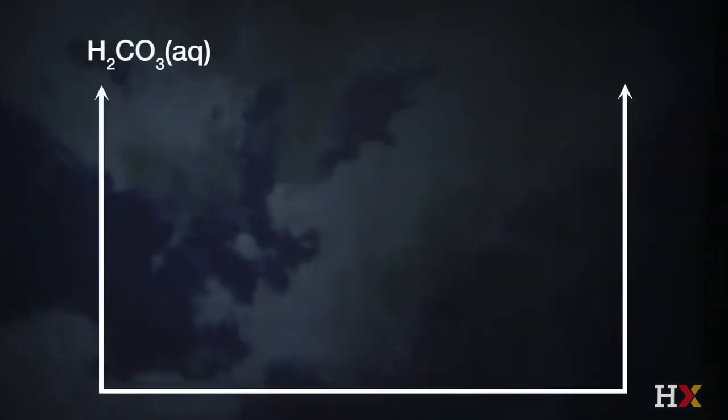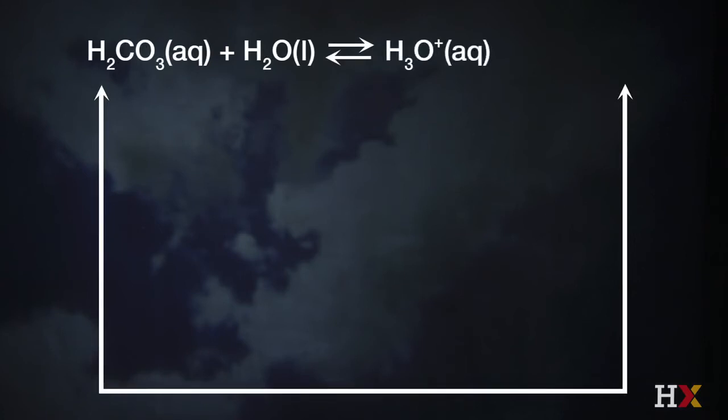So as we always do, we want to be very careful to link all of this back to the Gibbs free energy surface. And in this case, we're looking at carbonic acid aqueous plus water in the liquid form, creating the equilibrium that establishes the concentration of H3O+, which provides the acidic character, plus the bicarbonate anion.